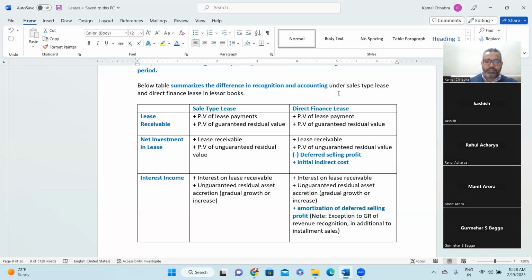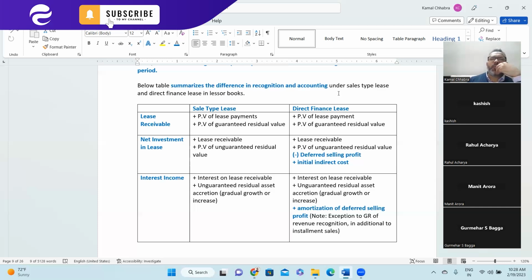Okay, we got it. So third is interest income: interest on lease receivable plus unguaranteed residual assets accretion, that is like gradual growth in the unguaranteed residual value. So initially, for example, you have purchased an asset.